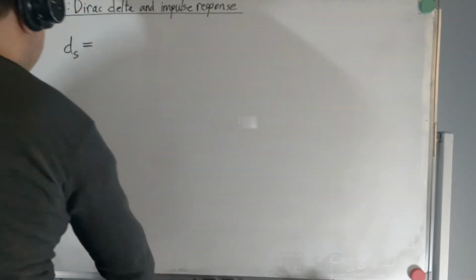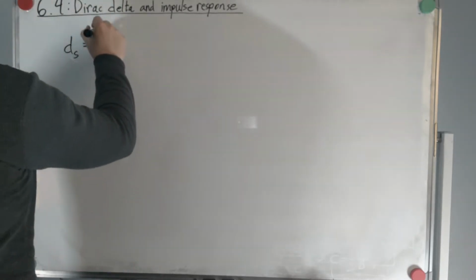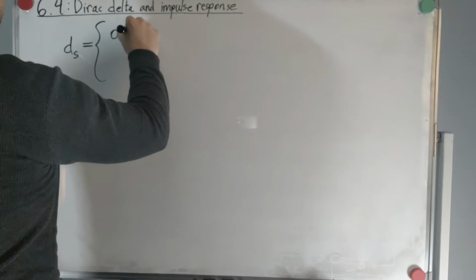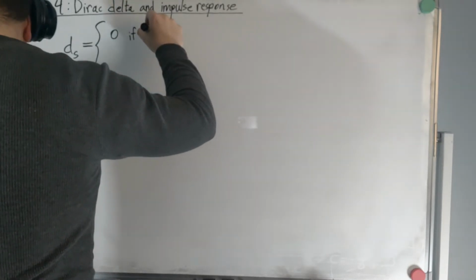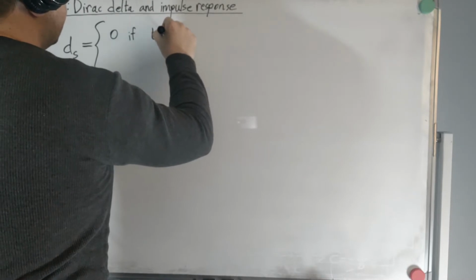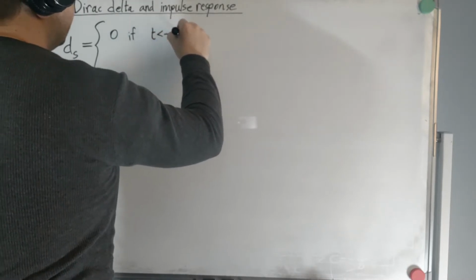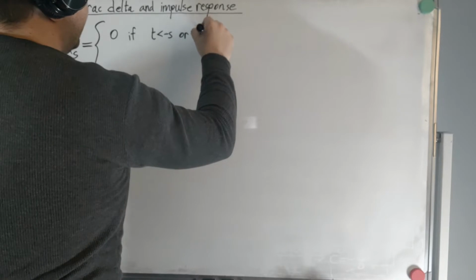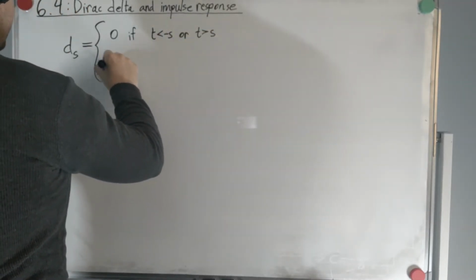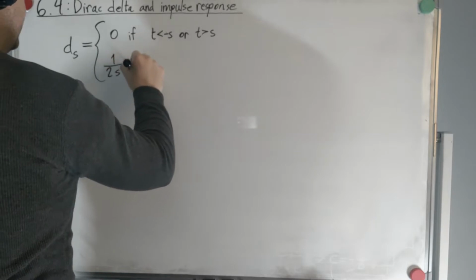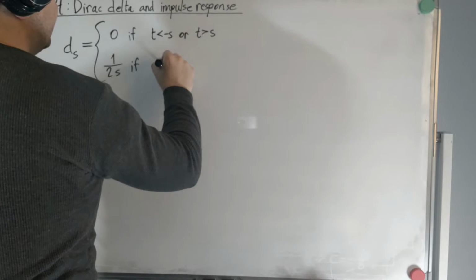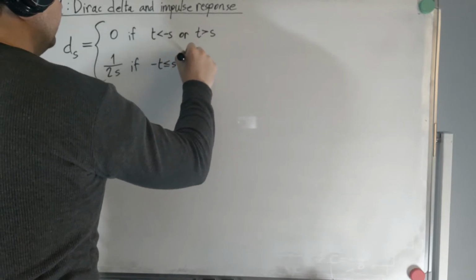Well, let's just pick one. d_s of t is going to be 0 if t is less than negative s or greater than s, and it's going to be 1 over 2s if negative s is less than or equal to t, less than or equal to s.